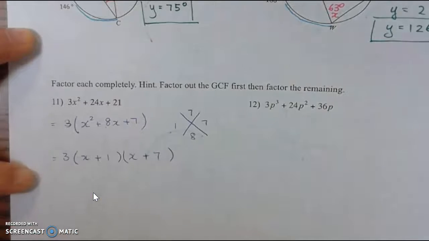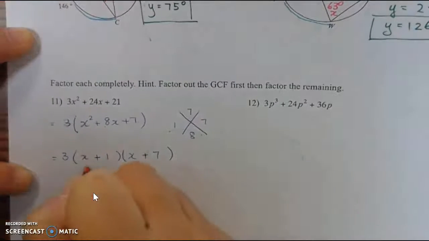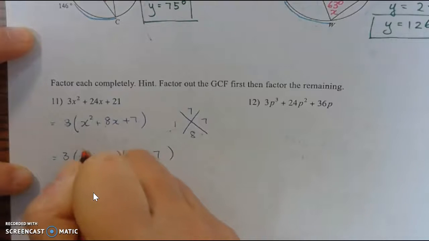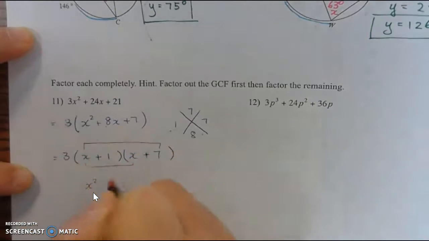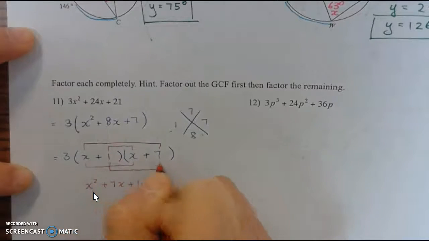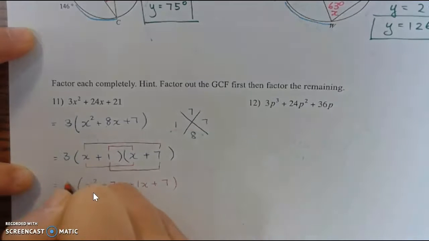Okay, and I can quickly check to see, is my factoring correct? Well, I can multiply this out. That's going to be x times x is x squared. And then outside is x times 7, which is 7x. And then the inside is 1 times x is 1x. And then the last with last, that's going to be 7. So to that we need to multiply 3.